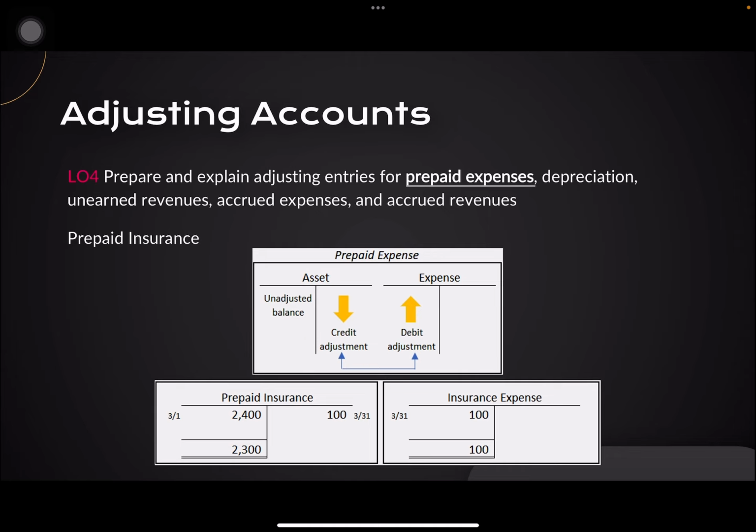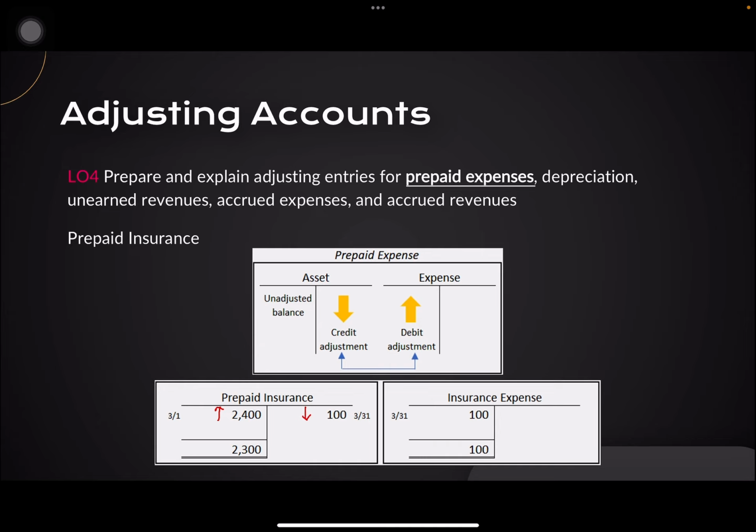You increased your asset. However, by the end of the month, on March 31, you would need to update the balance of your prepaid insurance to reflect the correct balance as of month end. We determined that the monthly expired amount is $100. So on the credit side of your T account, you would put $100 to show the decrease in value by $100.